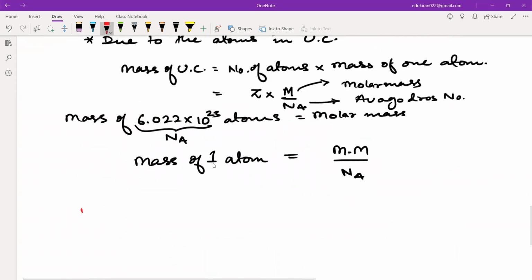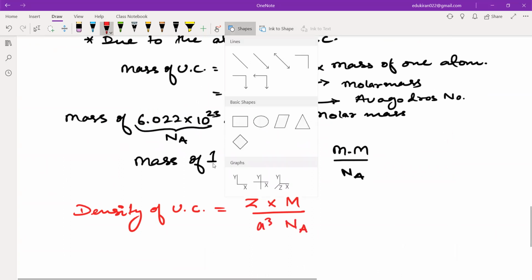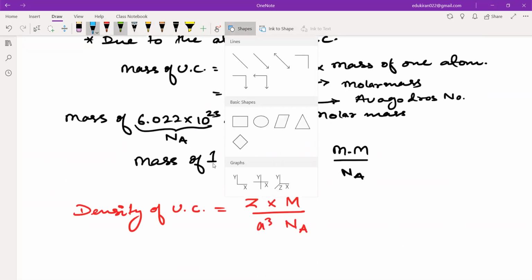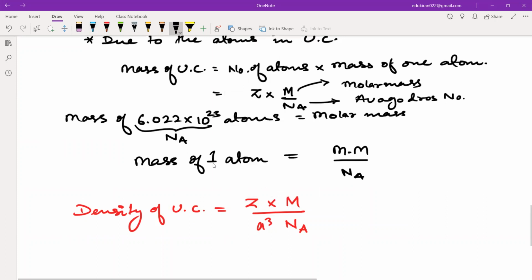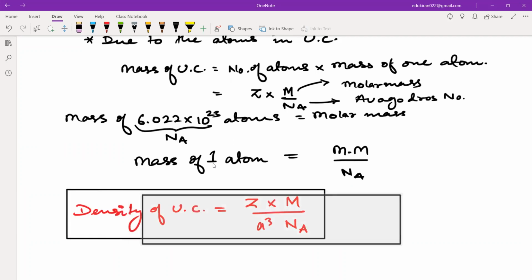This is important. Density of unit cell is equal to Z into M upon a cube into Na. So all of you, please remember this important formula and also remember the derivation.